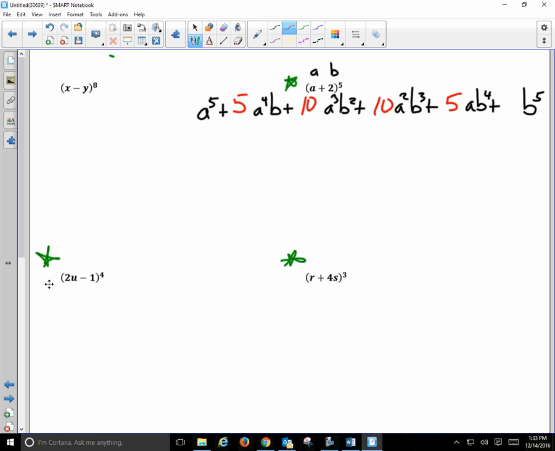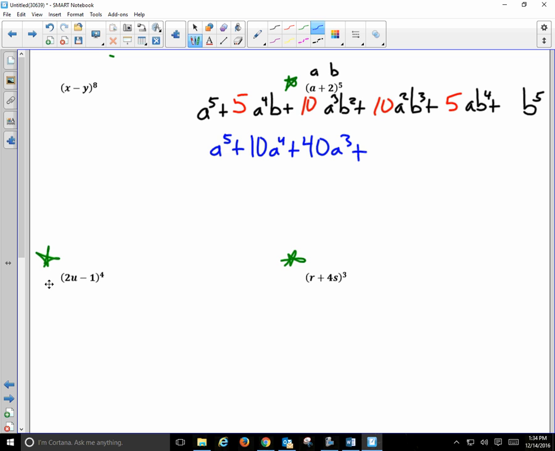So we're going to use the 2 here right now. I can leave the A alone. I do have an A to the fifth. But the B changes. B is 2. So it'll be 2 times 5 is 10. And then the 2 squared. So I have 40 A to the third.